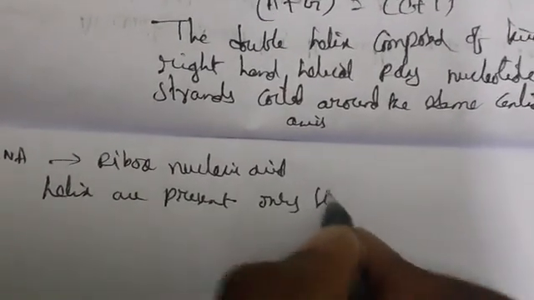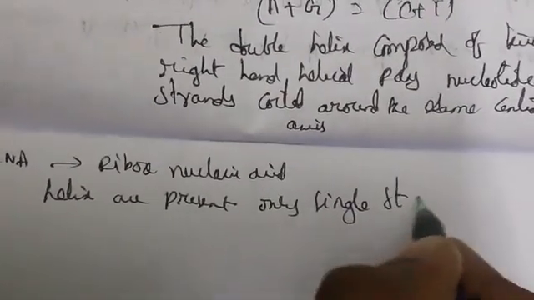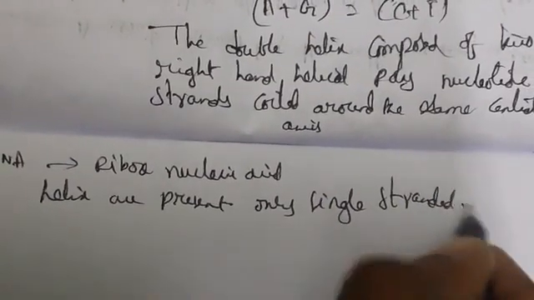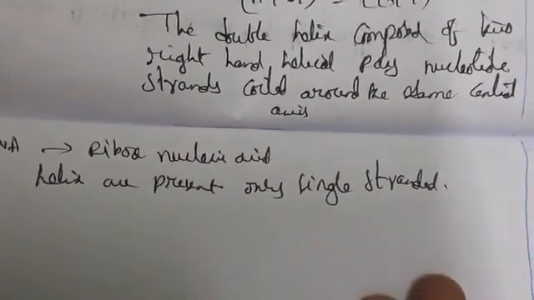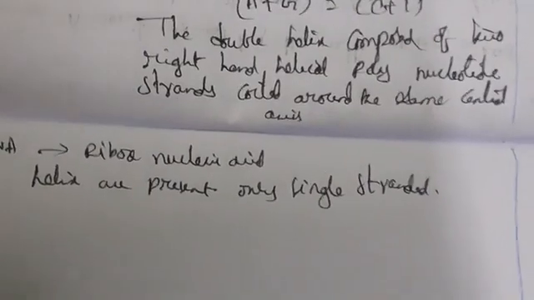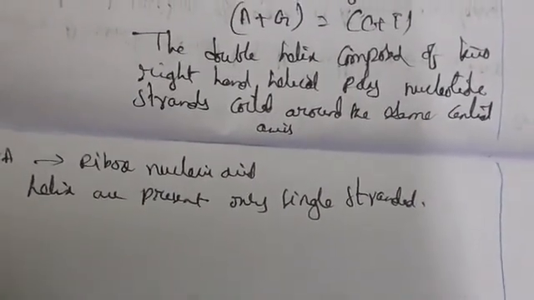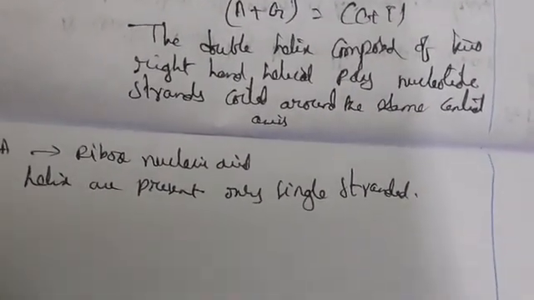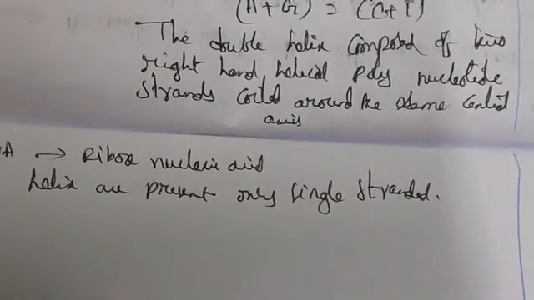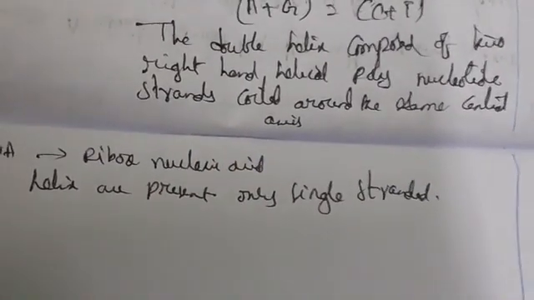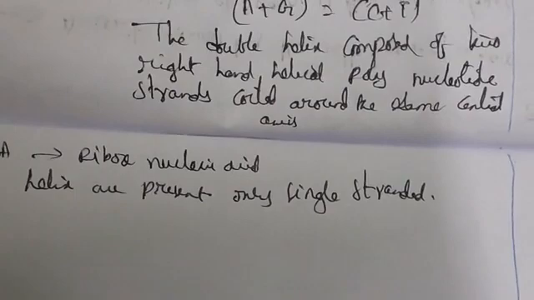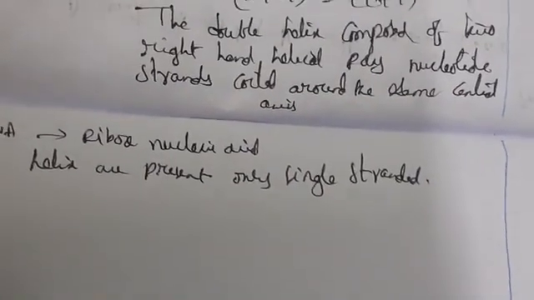Sometimes they fold back on themselves like a hairpin, so like a backbone they acquire a double helical structure based on the double stranded regions. In the double stranded arrangement, guanine pairs with cytosine and adenine pairs with uracil.